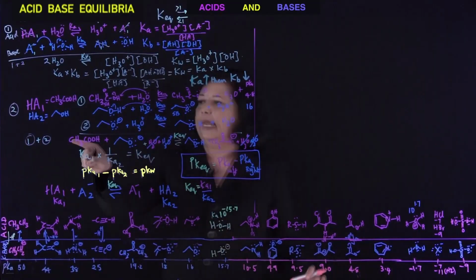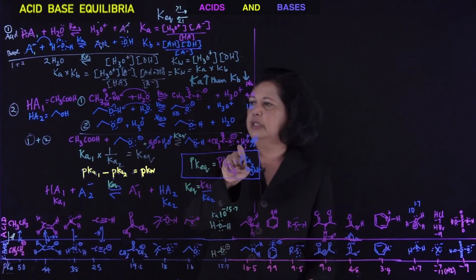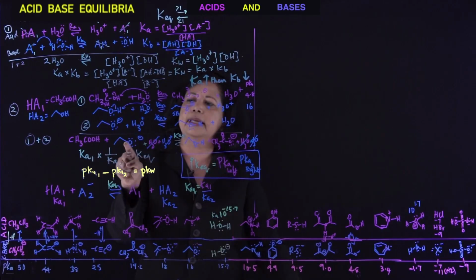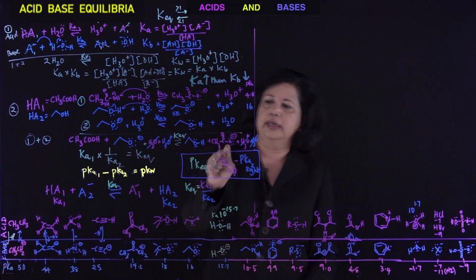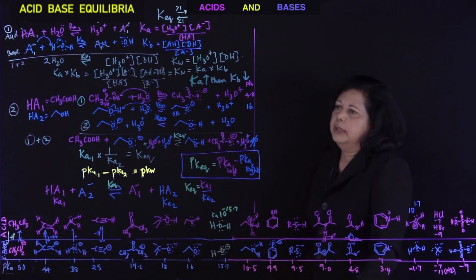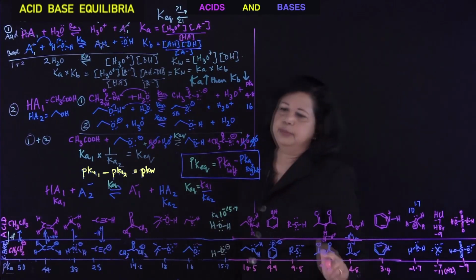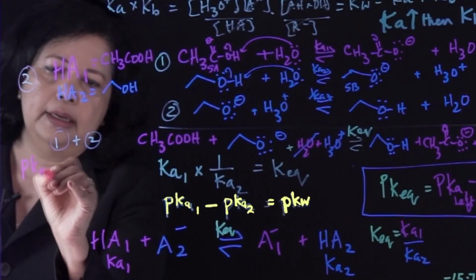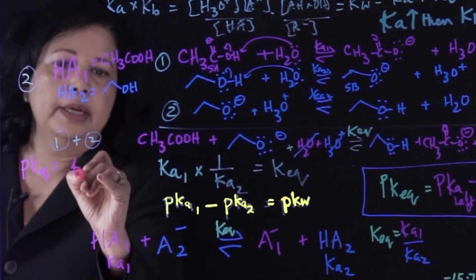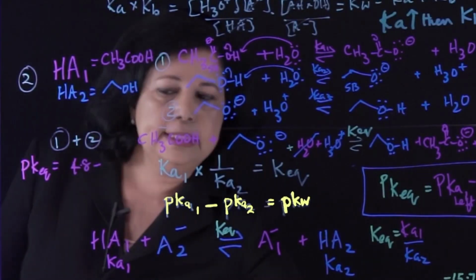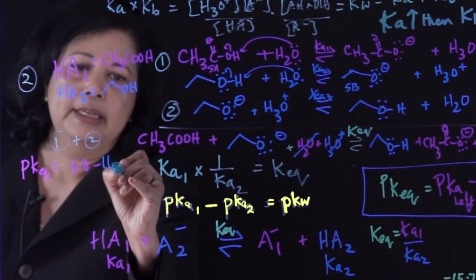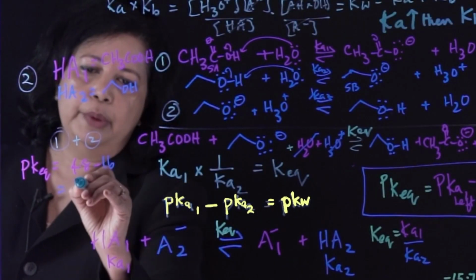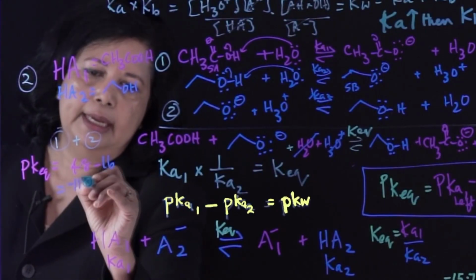So what is the K equilibrium for this equation? Just the acetic acid getting deprotonated by the ethoxide to give you ethanol and acetate. The equilibrium constant for this reaction is going to be 4.8 minus 16. So that is going to be negative 11.2.